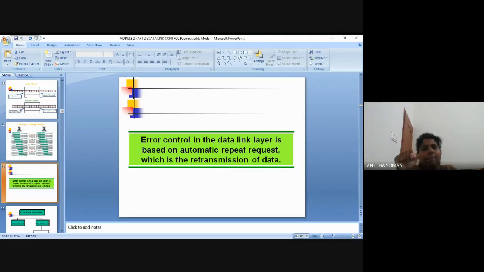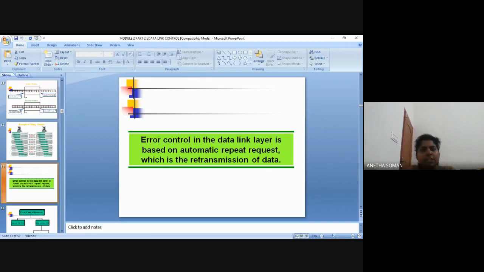It is implemented by an automatic repeat request, in short form called ARQ. Whenever an error is detected in an exchange, specified frames are retransmitted, and that process is called automatic repeat request.